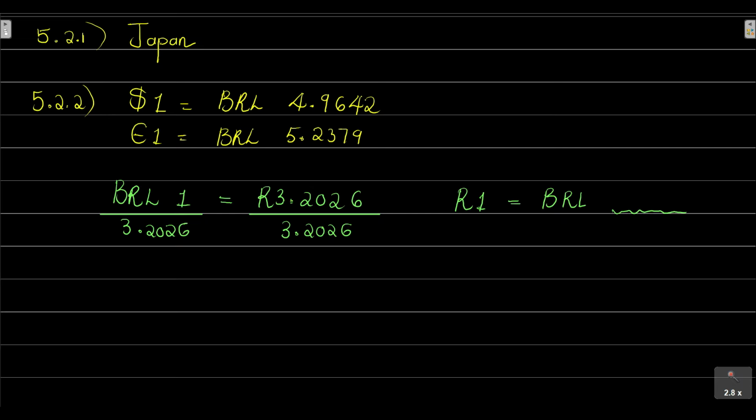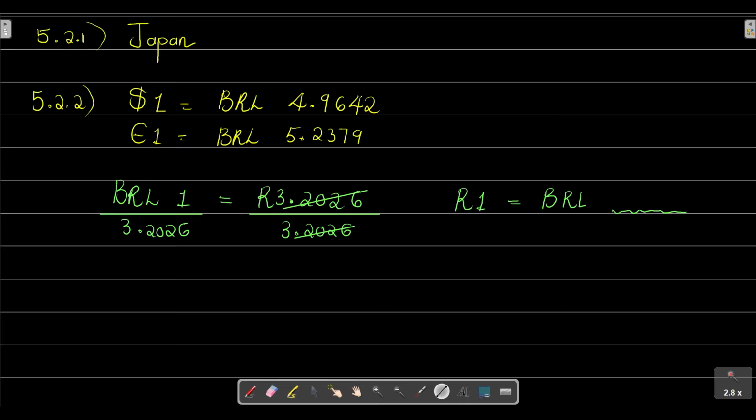So if you take 3.2026 divided by 3.2026, what do you get? You get 1. So 1 rand is equal to, if you take 1 and divide by 3.2026, you will get 0.3122462999.